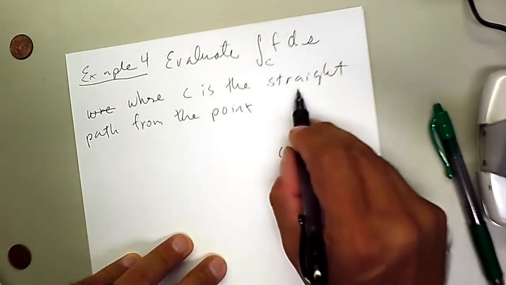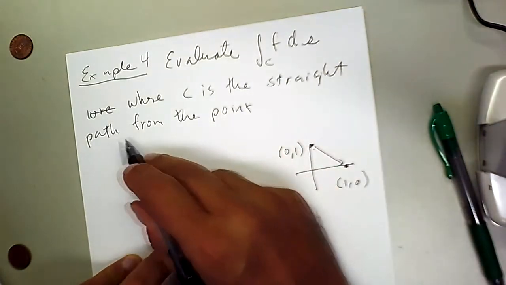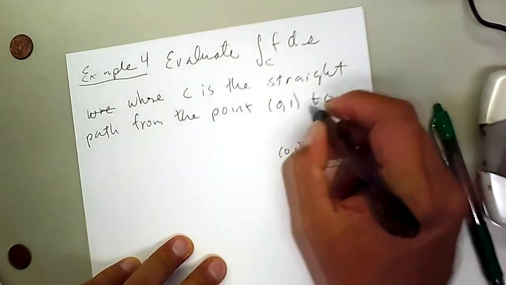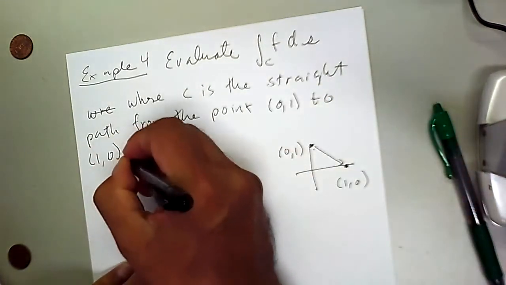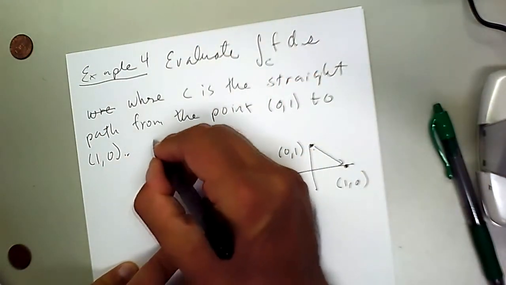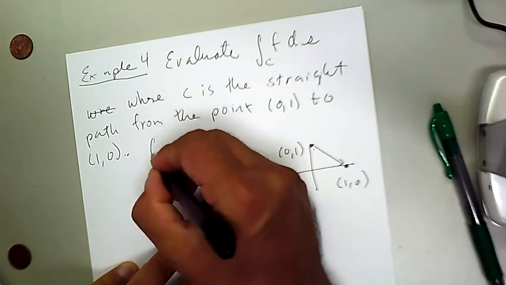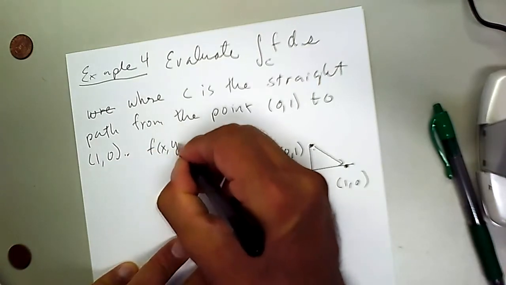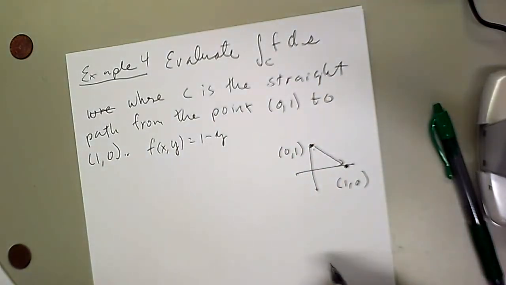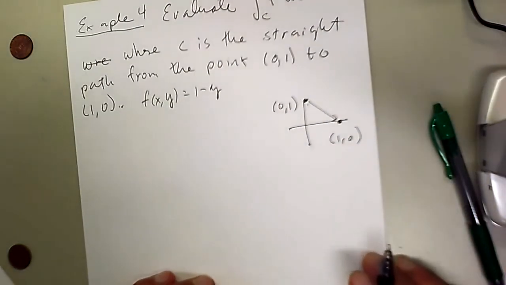C is the straight path from the point 0, 1 to 1, 0. So those are all the instructions. Oh, f of x, y is still 1 minus y. So we're still on the same plane.